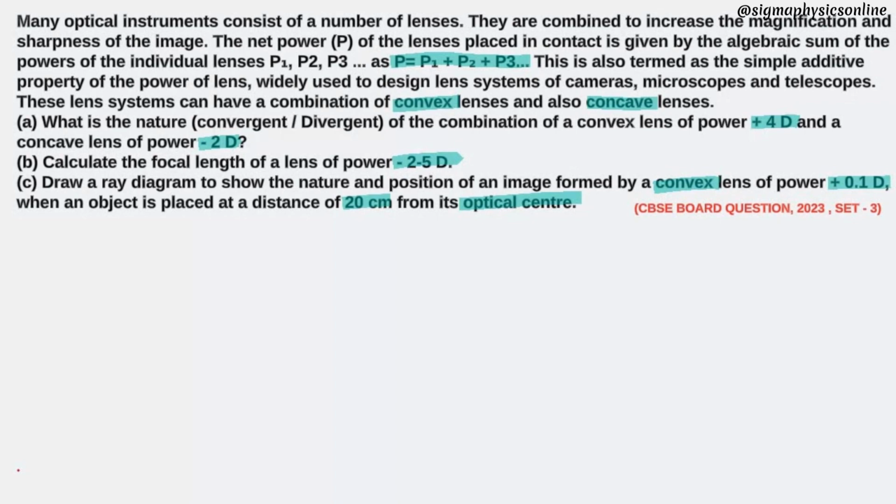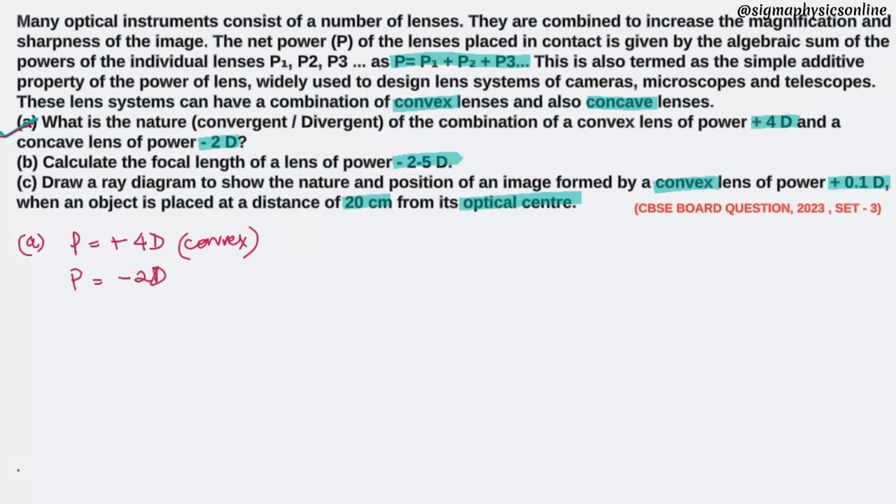So let's start. In the first question, we are asked to find out the nature of the combination of lenses. Which are the two lenses? Let's write down first. One lens is a convex lens of power plus 4D, and we have a concave lens whose power is minus 2D.